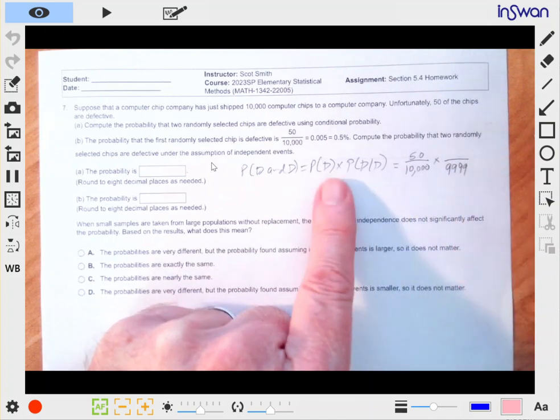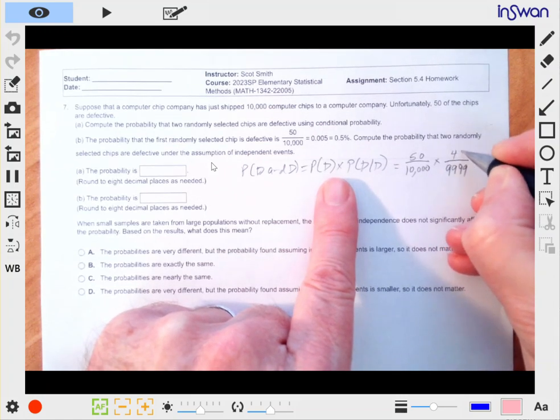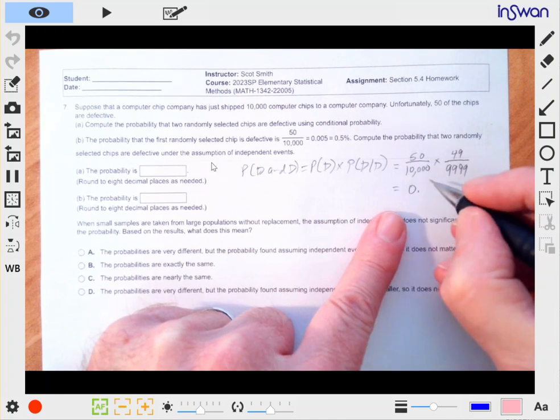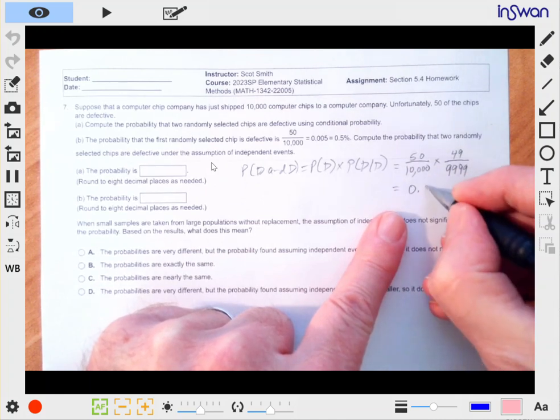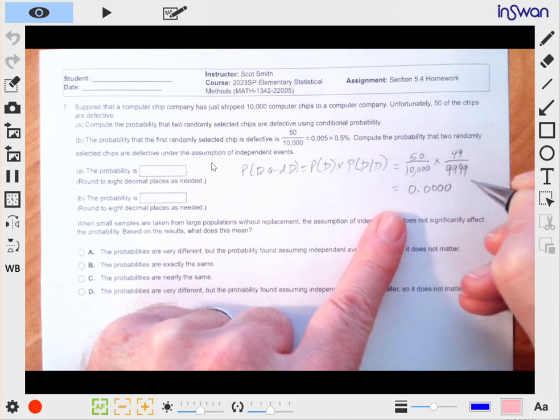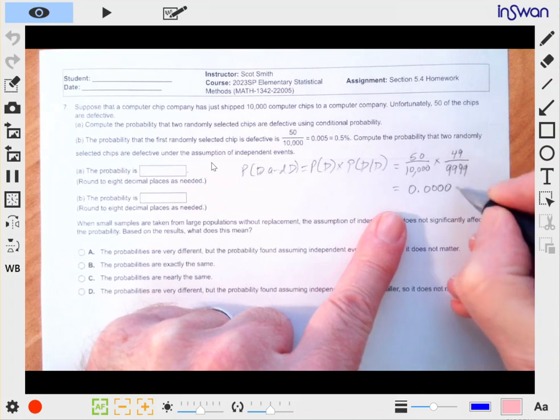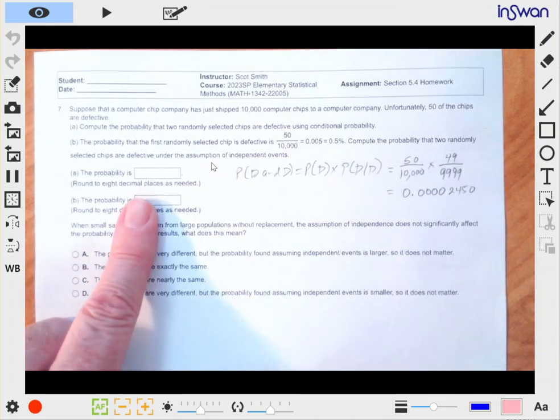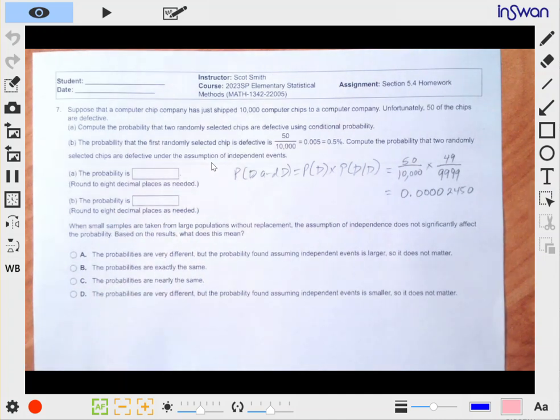And since the first one was defective, you now only have 49 to choose from. So if you multiply this out, you get 4 zeros, 0.00002450. In this problem, they want you to round to 8 decimal places.